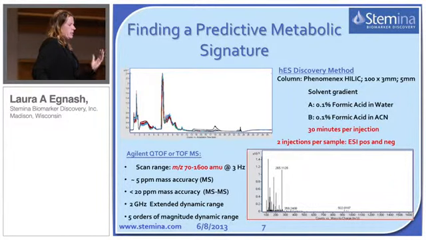And you can see it's a long run. The scan range is from 70 to 1600 AMU, so over many masses. It's 30 minutes per injection, 2 injections per sample. We're running positive and negative electrospray, so this takes a lot of time.